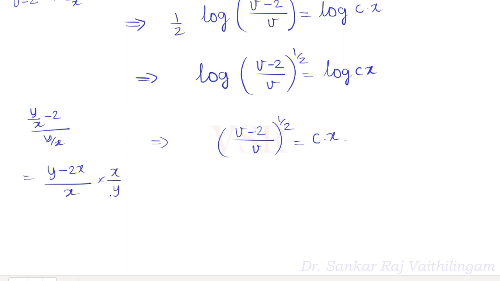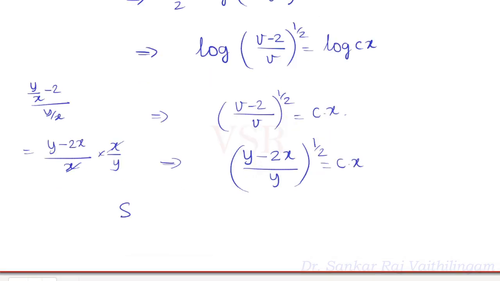So we'll have this implies that y minus 2x divided by y the whole power 1 by 2 which is equal to c times x. Now squaring on both sides. So this implies that y minus 2x divided by y which is equal to c times x square. Yes, c square c is a constant.